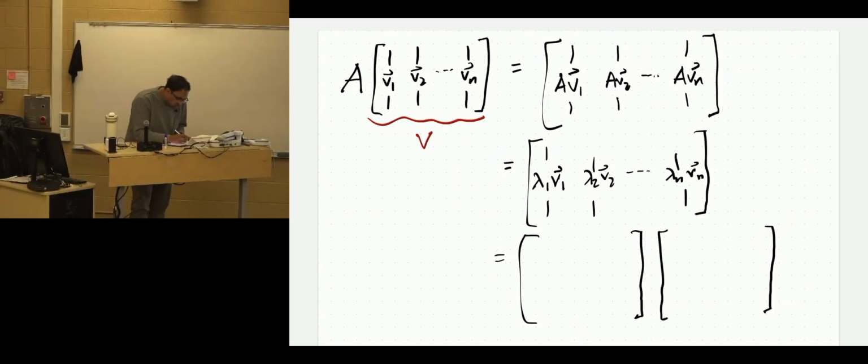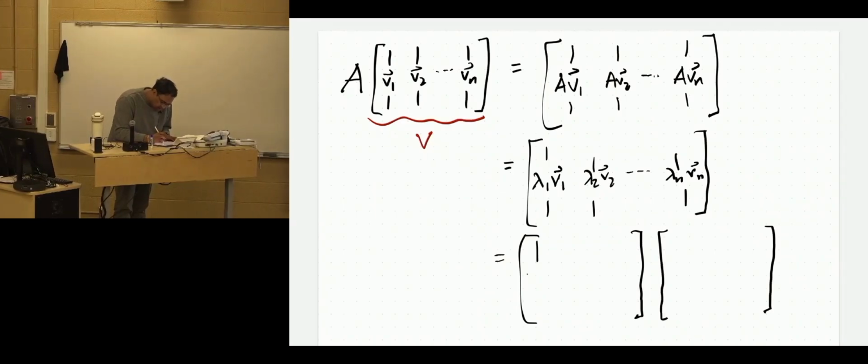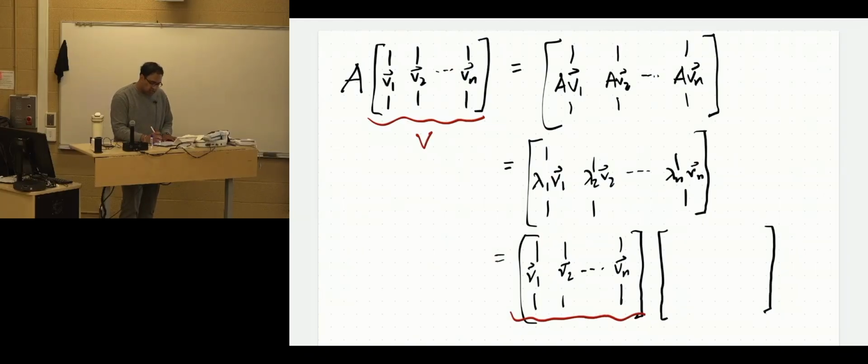Yeah, this is a little tricky to wrap my head around too, but let me write this in and then we can talk about it. What I was getting at is the first matrix has as its columns the eigenvectors V. So this first matrix is really just the same V that we defined at the start of this expedition. The second matrix has on its diagonal the eigenvalues and zeros everywhere else.